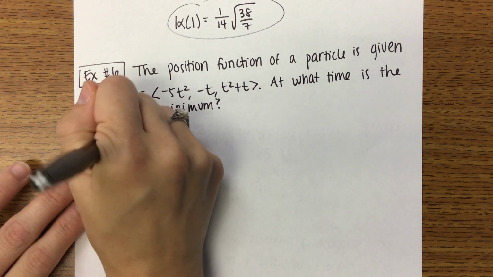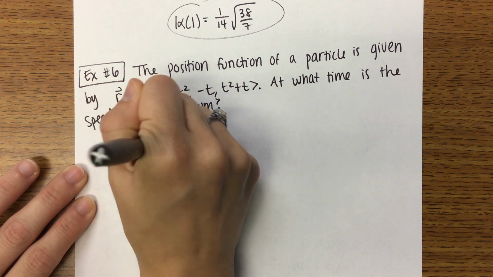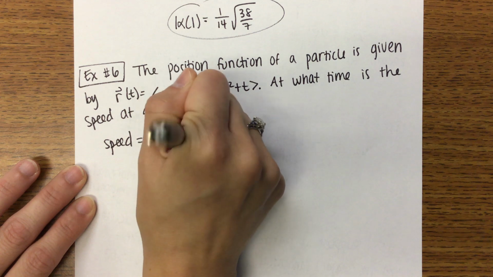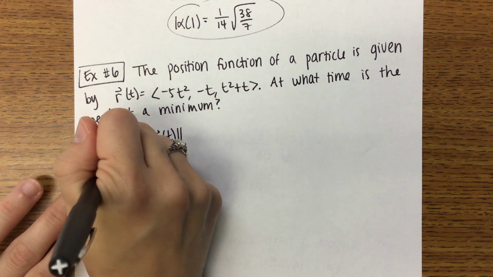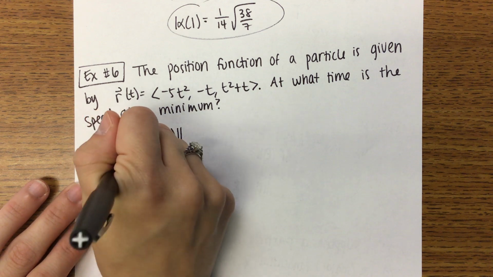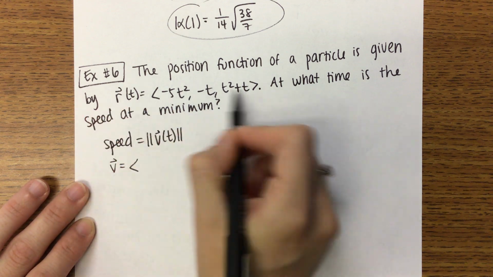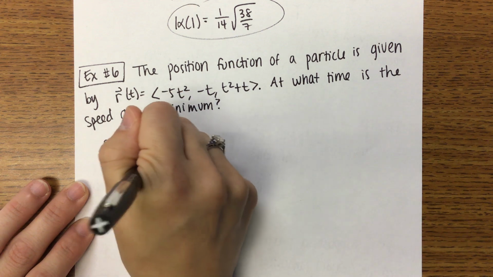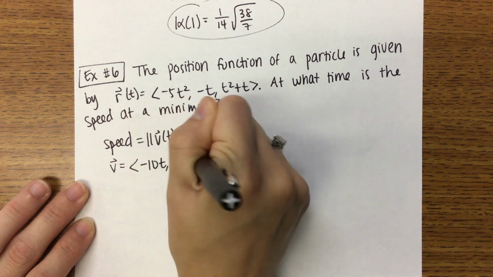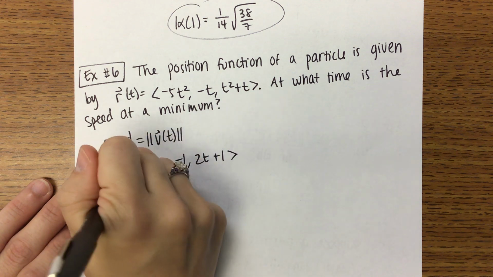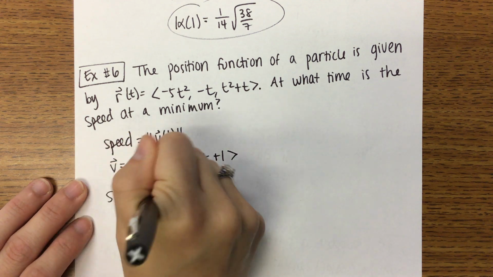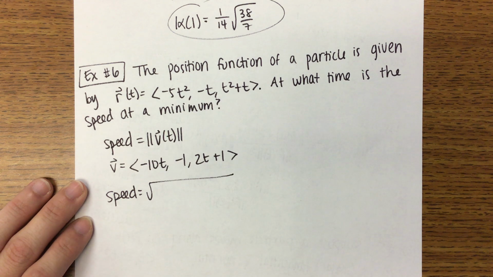Okay, so I want us to recall that speed is the norm of the velocity vector valued function. So the first thing that we need to do is find velocity. That's going to be the derivative of the position function. So we get negative 10t, negative 1, and 2t plus 1. Speed then will be the norm of that function.